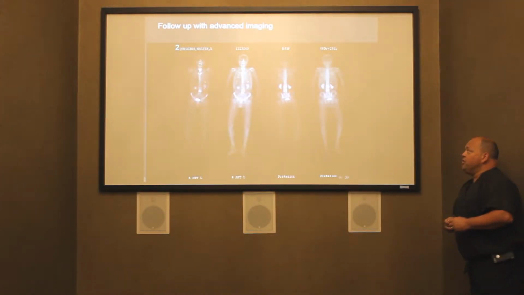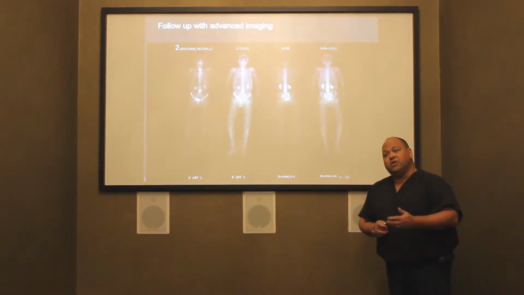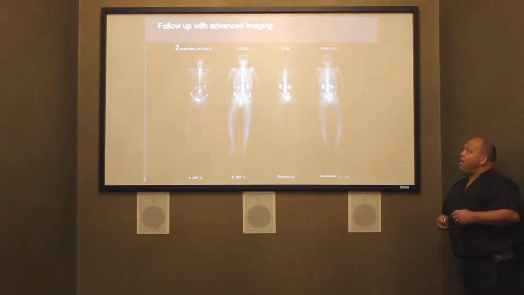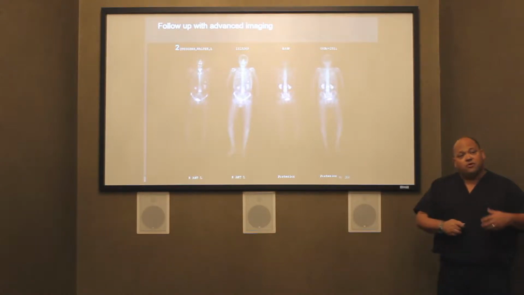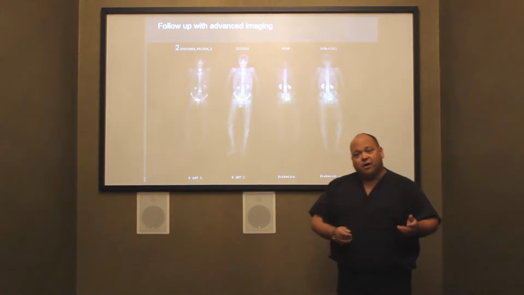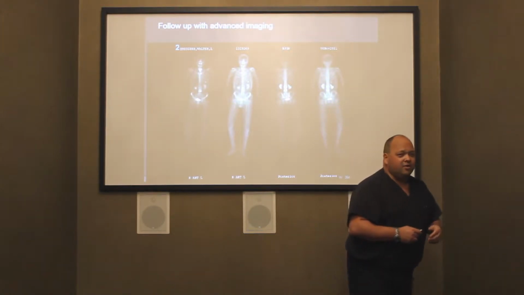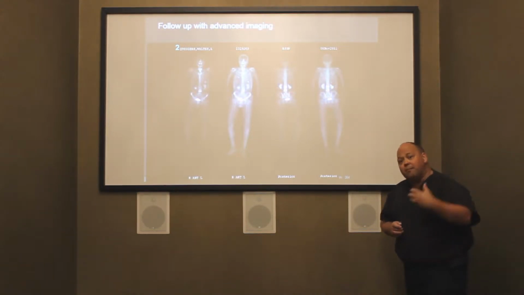So what we ended up doing is he had a history of a pacemaker, so we were not able to get an MRI, and I'll talk about that in a little bit. So we ended up getting a bone scan on him, and bone scan imaging showed that it was very hot at 2 levels. For those of you that are not familiar with bone scan imaging, it's a test where you give basically a radionucleotide through an IV to a patient, and for this particular application, it's utilized to look for bone healing or metabolic turnover.